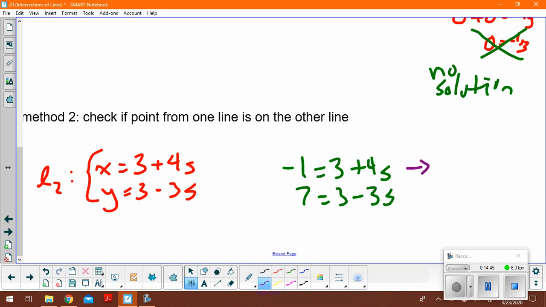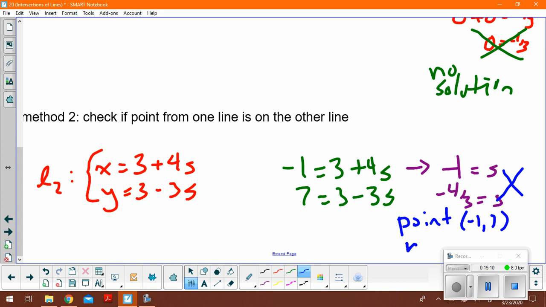For the first one, the 4 would come over, and I divide it out, so I'd have -1 equals s. For the second one, the 3 comes over, so that's 4 divided by -3, and I get -4 over 3 equals s. These s values are not the same, so therefore the point -1, 7 is not on L2.